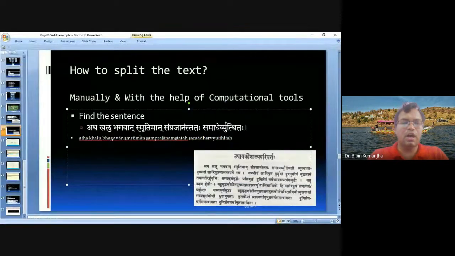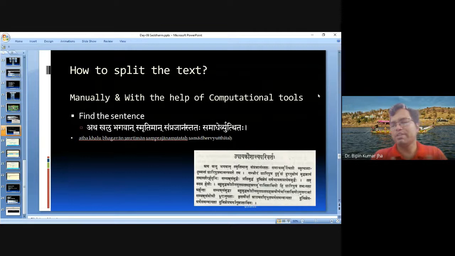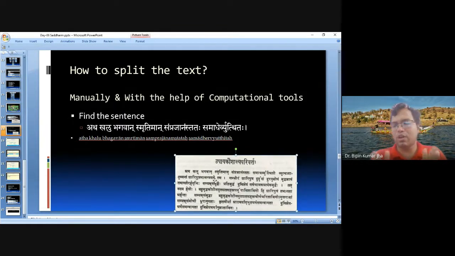जैसे अथ खलु भगवान स्मृतिमान प्रजानम ततः समाधेर व्युत्थितः. So how you can split the text from sentence, because here you are finding it is the original text in Devanagari, which is the screenshot of the textbook. Okay, and here I have given in Devanagari script as it is from the text, and this is the transliterated form.